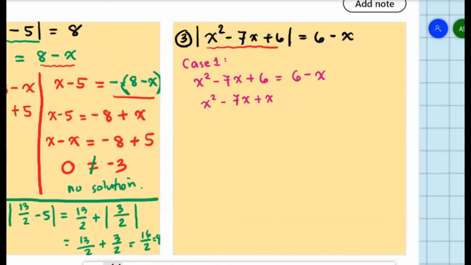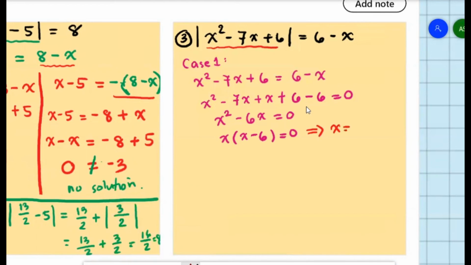And then plus 6 minus 6 is equal to 0. So in the end, we can simplify this as x squared minus 6x. So we can factorize this as x bracket x minus 6. So therefore, our possible values of x are 0 and positive 6.